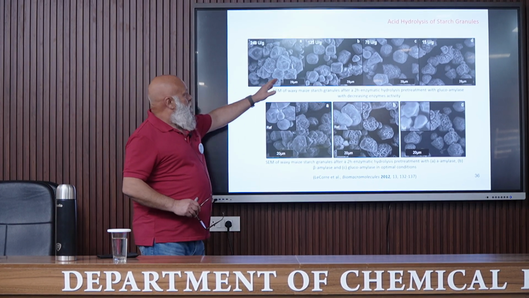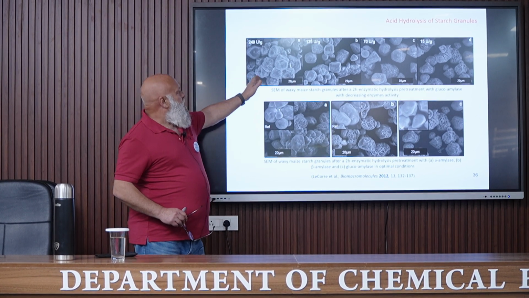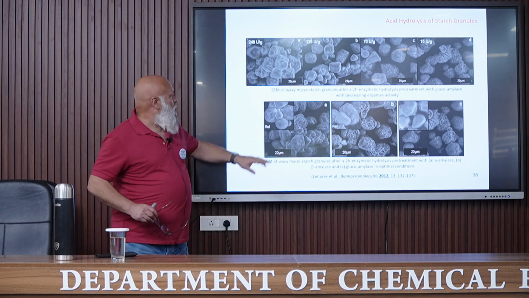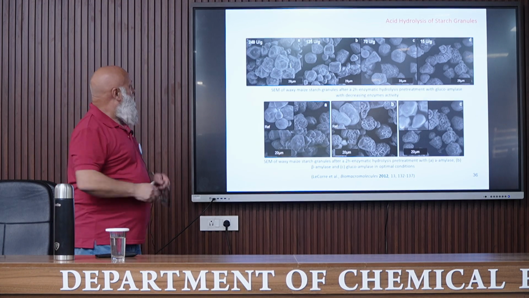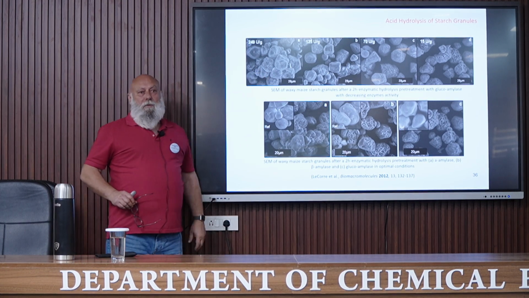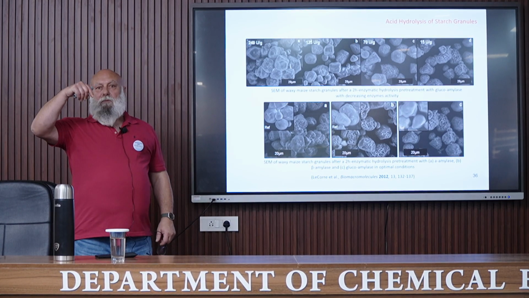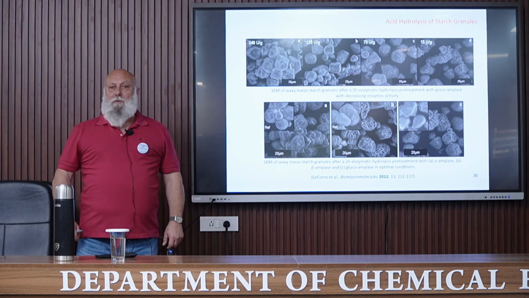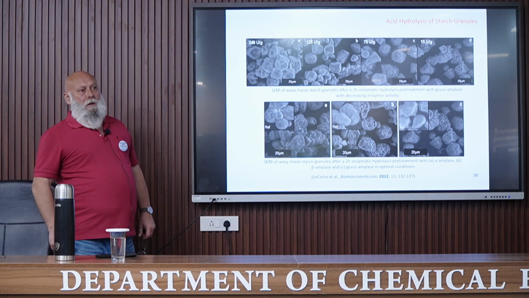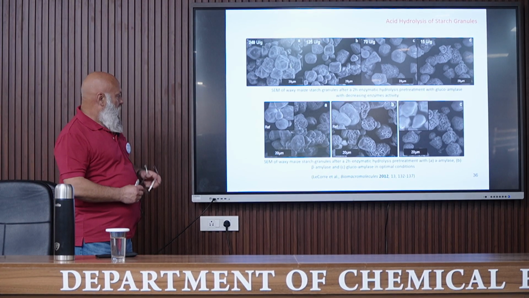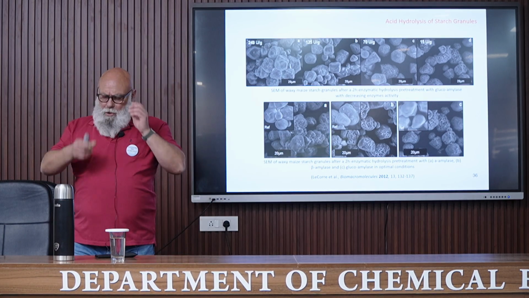You can see here the aspect of the starch granules with different enzyme activities, and you can see that after 2 hours of enzymatic treatment, some holes appear on the surface of the granules. What we expect at this time is that it should facilitate the penetration of the acid in these holes, of course, and then facilitate the dissolution of amorphous starch. And this is another example in which different enzymes have been used.